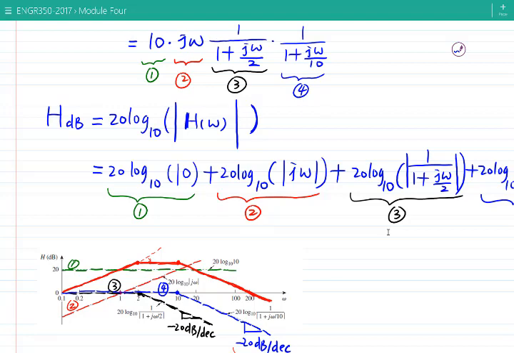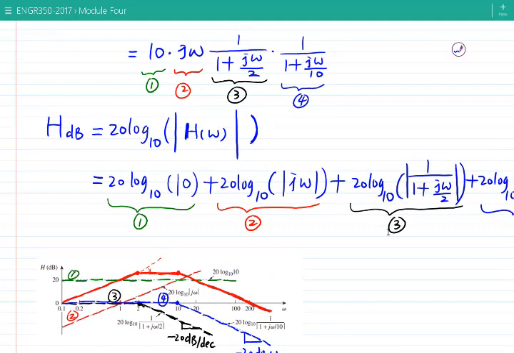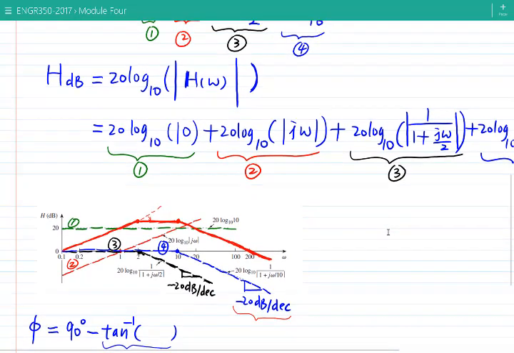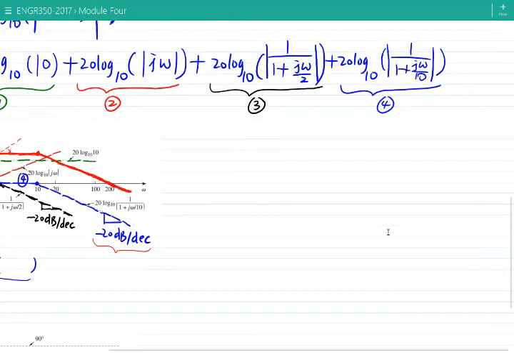That is equivalent to saying that the phase angle is minus the inverse tangent function, which is the phase angle of the denominator, a complex number. So the phase angle is the inverse tangent of omega over 2 divided by 1, so it is the inverse tangent function of omega over 2.